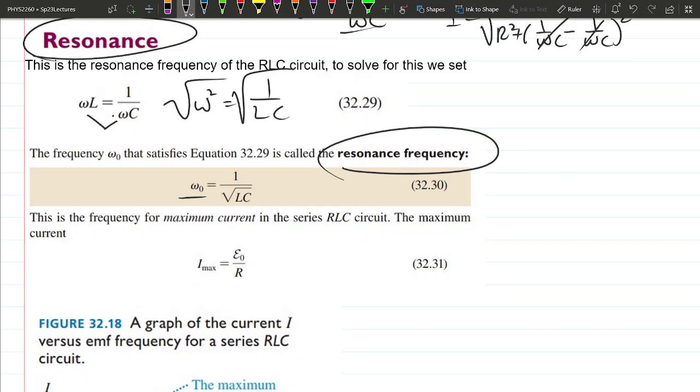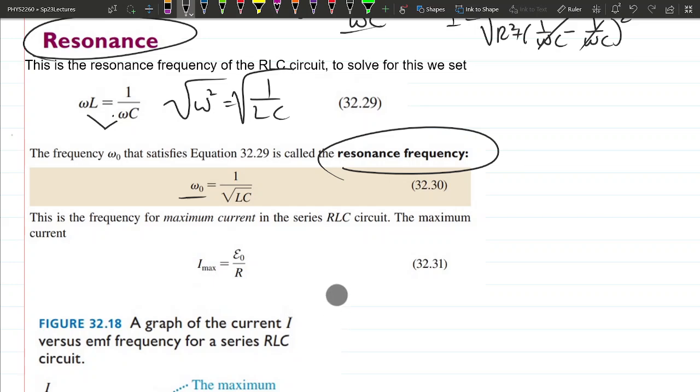So if you want to figure out what your radio is tuned to, you just figure out the inductor value, you multiply it by the capacitor value, you square root that whole thing, and then 1 over that, the reciprocal, then you actually get the frequency that the particular circuit is going to be resonating at, okay?